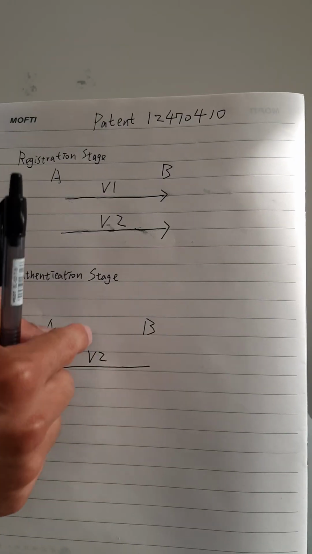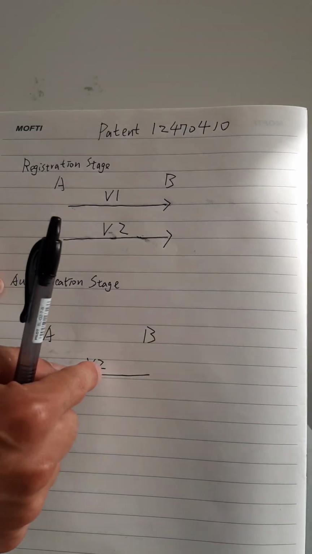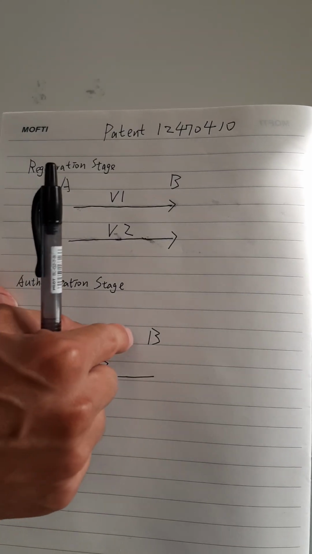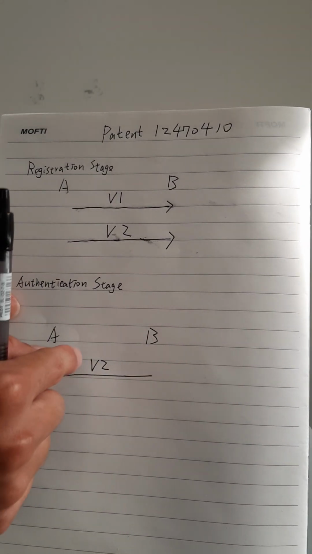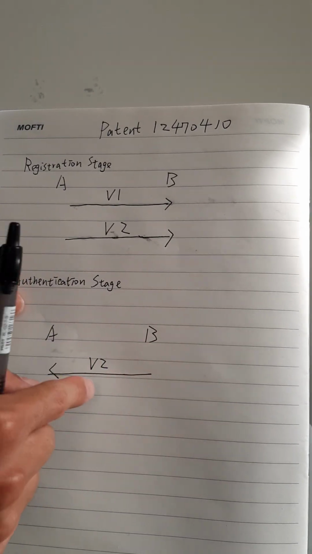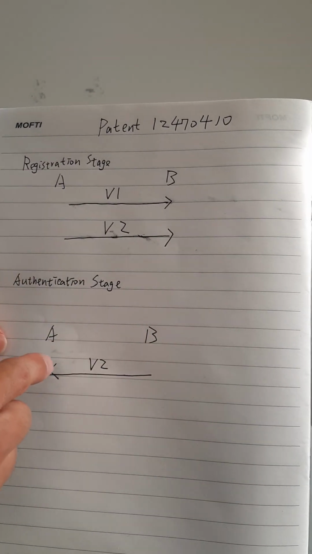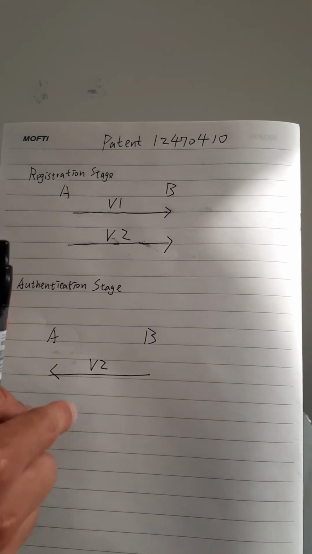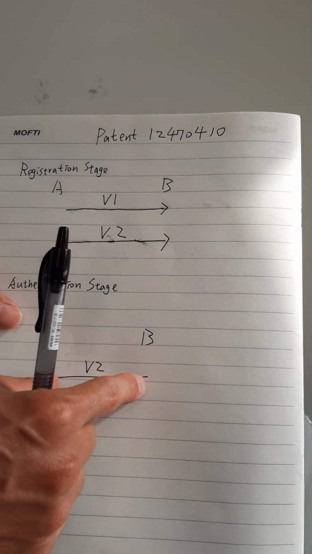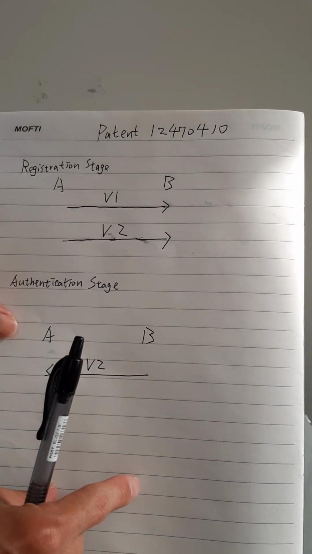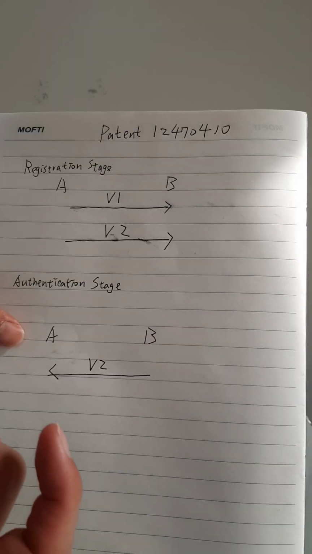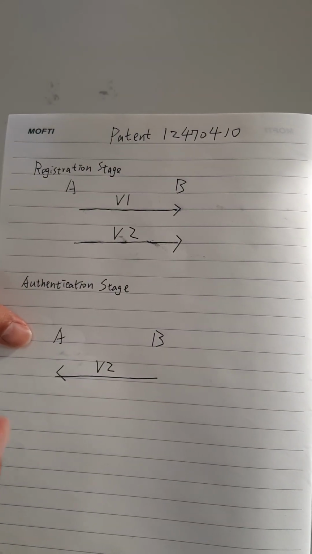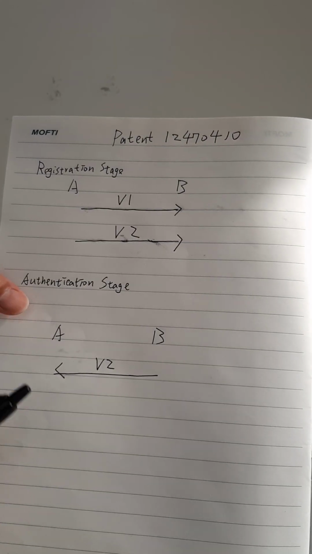After A verifies the authenticity of V2, A can be sure of the identity of B, and B can be sure of the identity of A. So after transmission and verification of V2, A and B are mutually authenticated and get a mutual key, and using that mutual key they have further communication, for example, encryption and decryption.